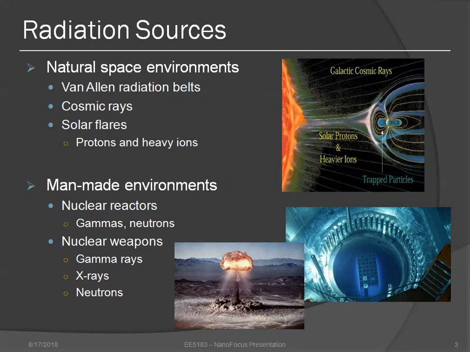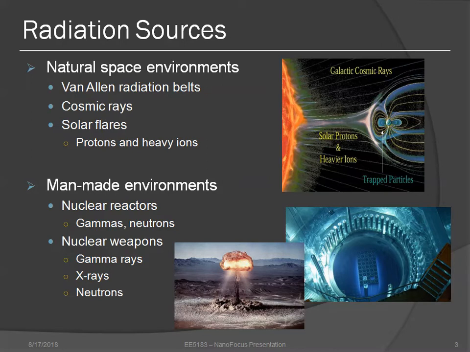To start off, the radiation sources that we have to be aware of can be broken down into two categories. We have our natural space environments, which consist of, for example, your Van Allen radiation belts, shown here in this image where the trapped particles arrow is pointing. It's where the charged particles get trapped in the magnetic field of the Earth, and they consist primarily of protons and heavy ions.